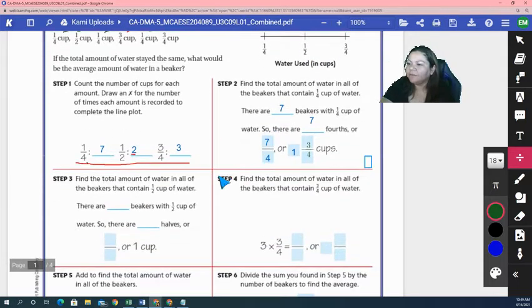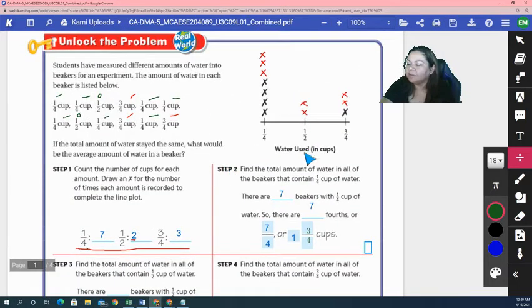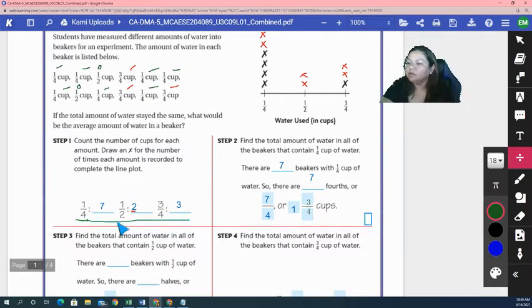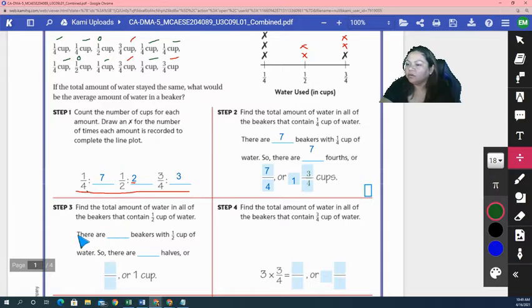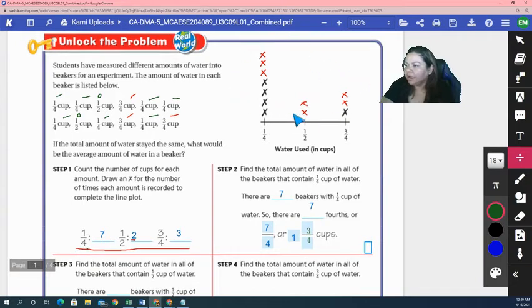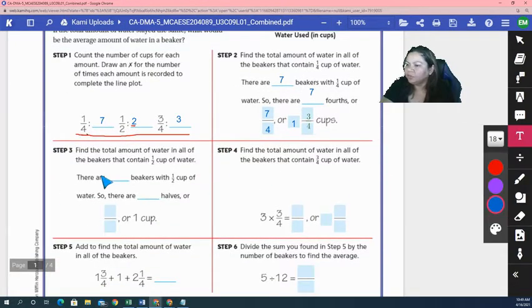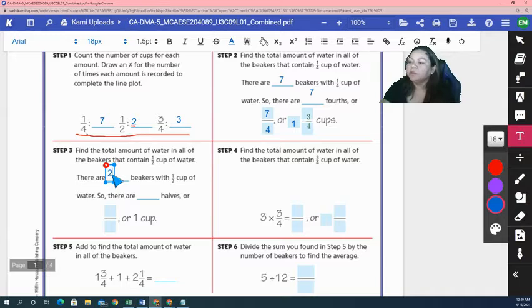So now we're going to look at the 1/2 cups. Find the total amount of water in all of the beakers that contain 1/2 cup of water. So we want to know how much water we have in all. And so here we're going to complete the statement. There are how many beakers with 1/2 cup? We look at our line plot and we see that we have 2, right? So there are 2 beakers with 1/2 cup of water.